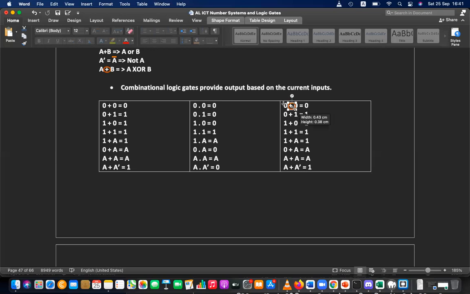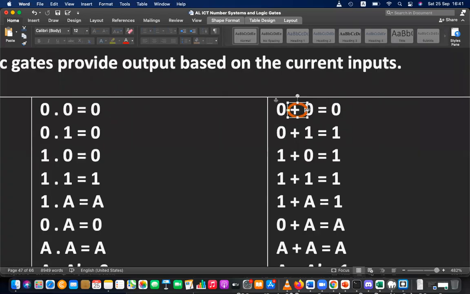This is a bit difficult. Writing it down in your book is easy, but drawing this in Word will be a bit difficult. Okay, let's copy and paste.